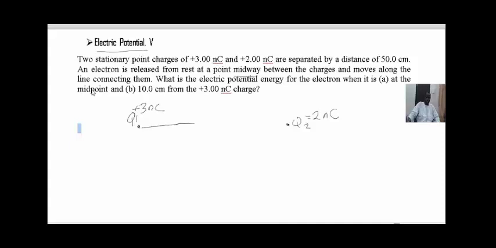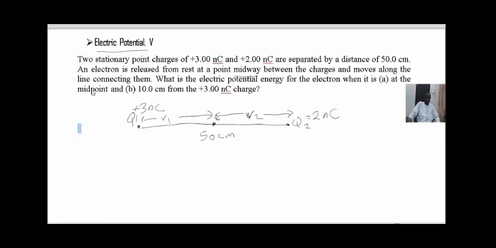They are separated by a distance of 50 centimeters. Let's assume that the distance of Q1 from the point is R1, and the distance of Q2 from the point in question is R2.